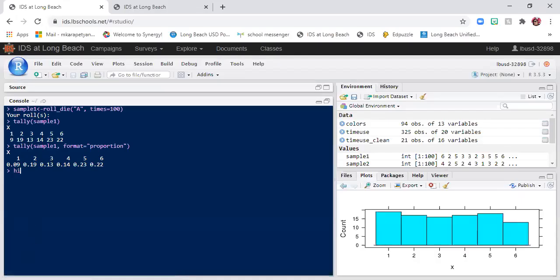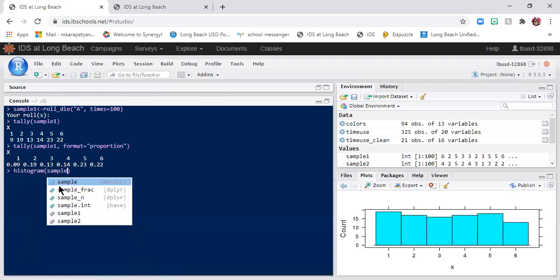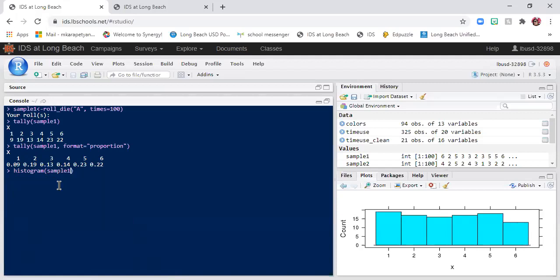Okay, so I want us to now go to RStudio, and we're going to create a histogram using our sample. Oh, sorry, did you still need that code? Okay. We're going to create a histogram using our sample. So we're going to do histogram sample 1. And I'm going to tell you this right now: it's going to give us a warning, because usually when we're creating a histogram, we're using a numerical variable from a data set, right? So we have to do variable and then data equals whatever set.